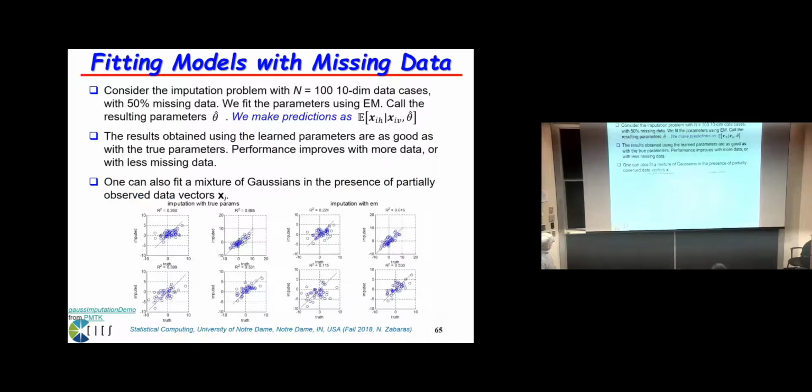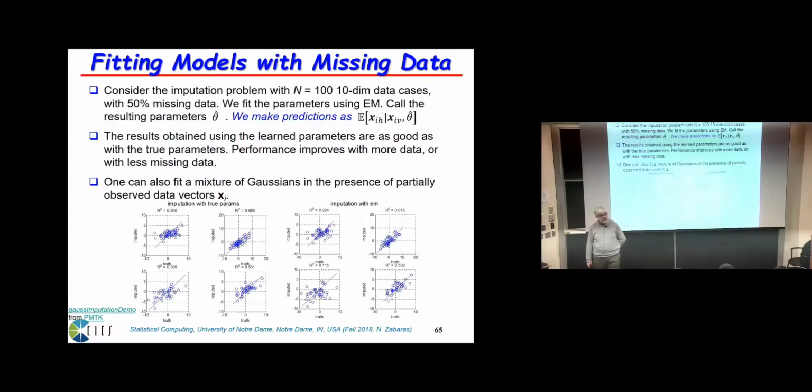And I think this problem is for a 10-dimensional case, and it shows basically that if you try to compute this hidden data with the true parameters, versus the parameters we computed with expectation maximization, the results look more or less the same.